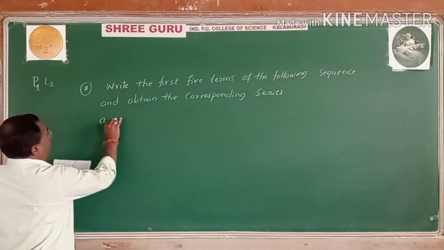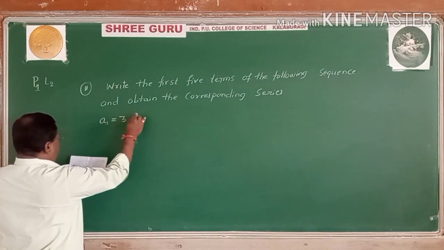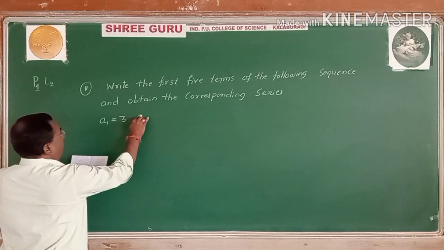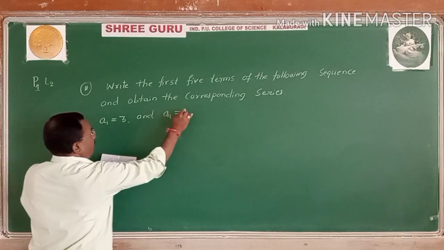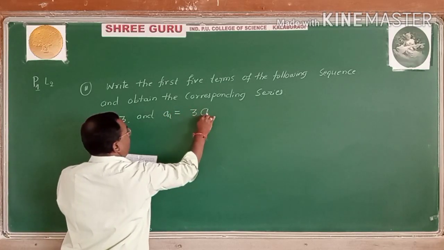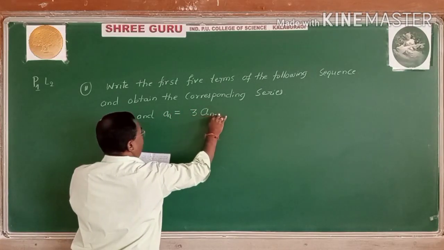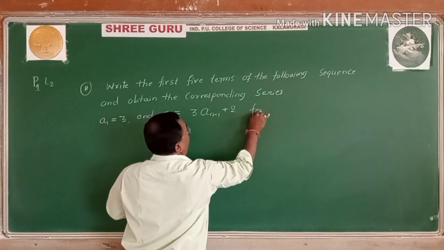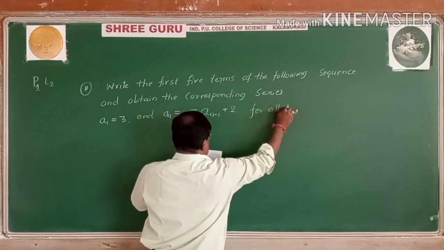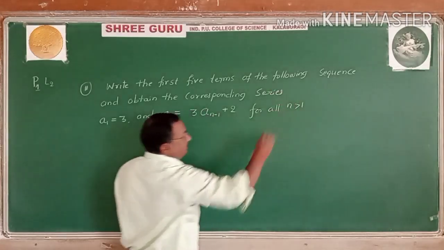A1 is equal to 3 is given, and an is equal to 3 times an minus 1 plus 2 for all n greater than 1.